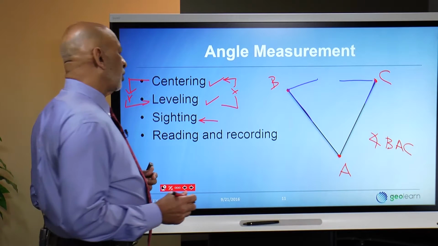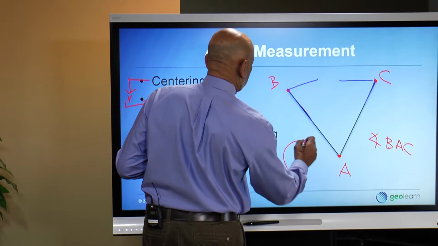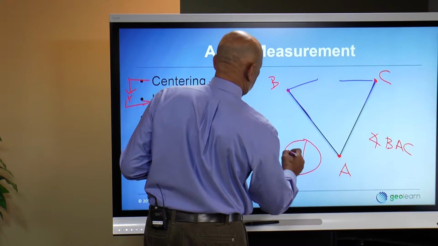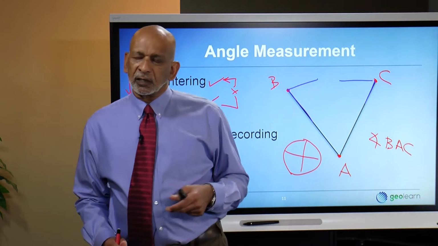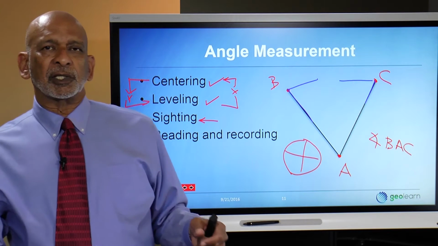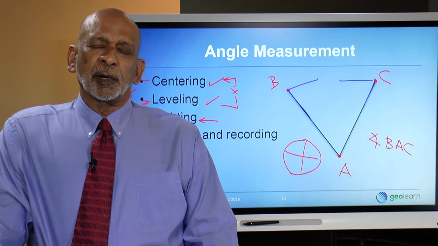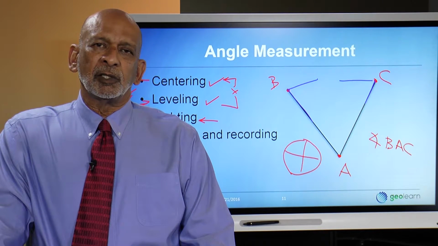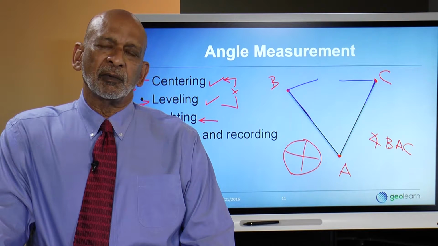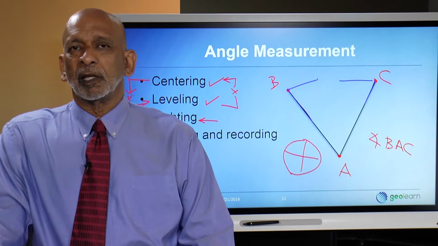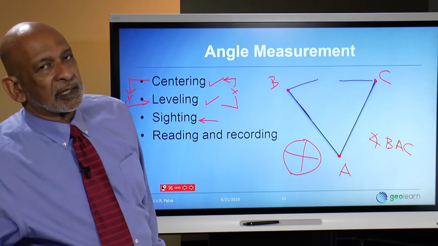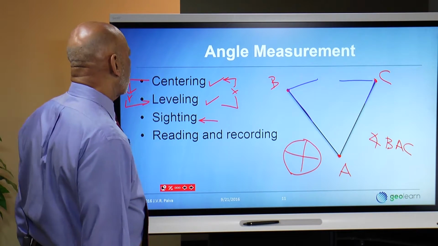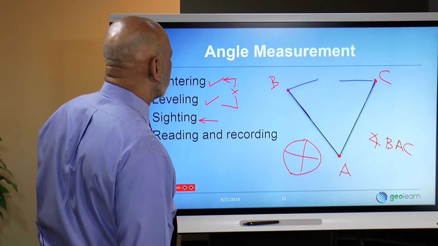But what you have to do is you sight through the instrument, you have a typical set of crosshairs, and you have to place your crosshairs on the objects you are sighting. These objects might be prism poles, they might be chaining pins, they might be what we call traverse targets, they might be a whole number of different things. But being able to precisely and consistently place your target on the points is important.